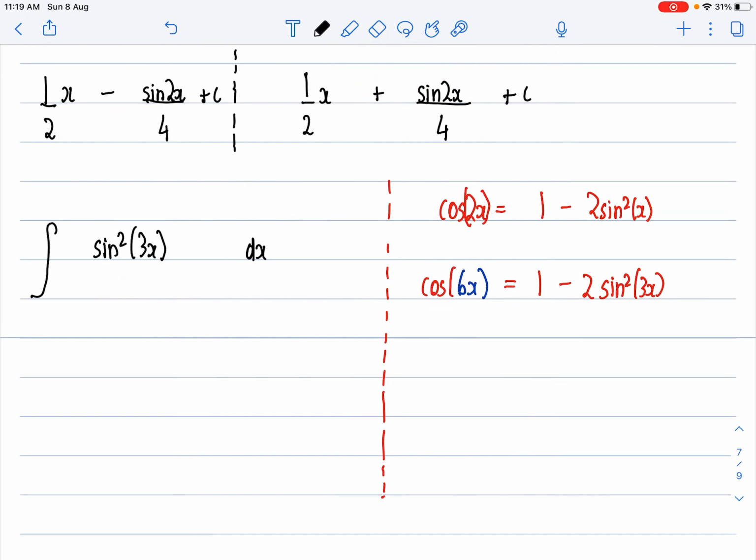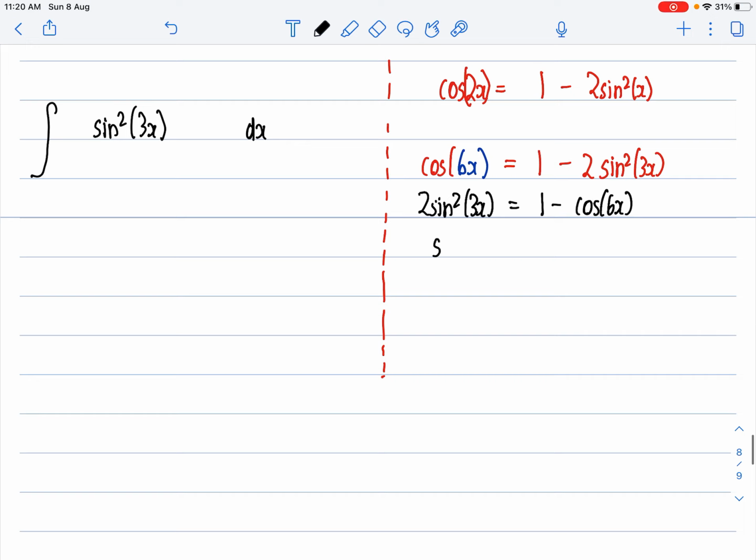So basically, now I can make sine square 3x the subject of the formula. So I can write this as sine square 3x, which is equal to 1 minus cos 6x.